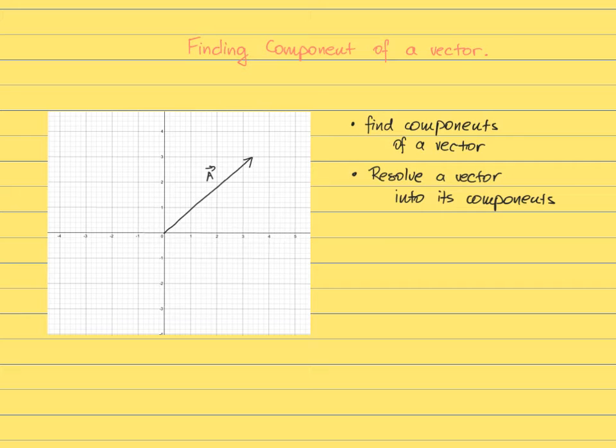Whenever we have a vector and we want to resolve this vector, essentially we would know the angle here. To resolve a vector into its components, we come to the end of that vector and draw a perpendicular line towards the x-axis and then a perpendicular line towards the y-axis.